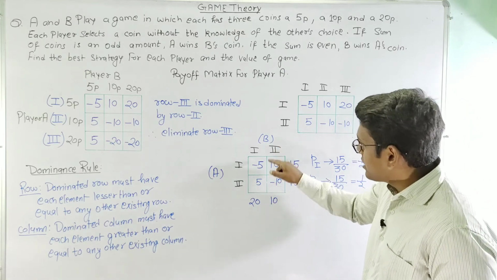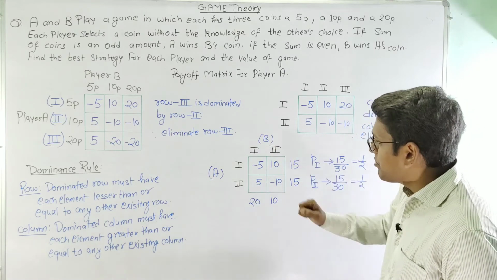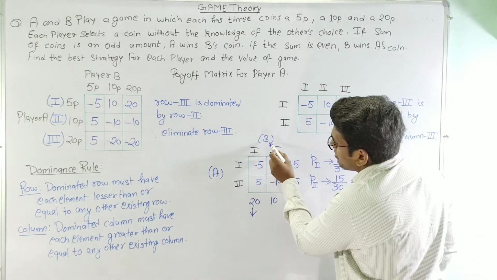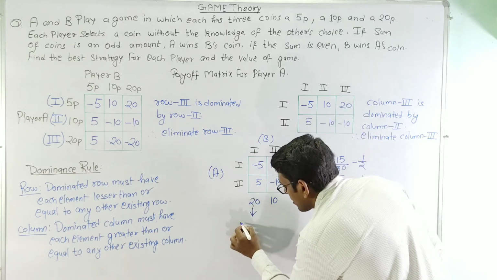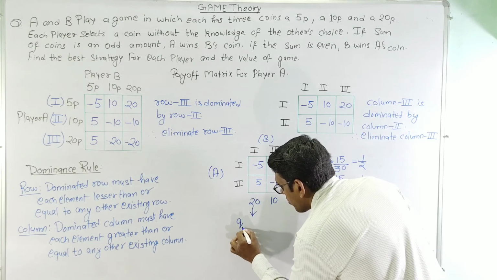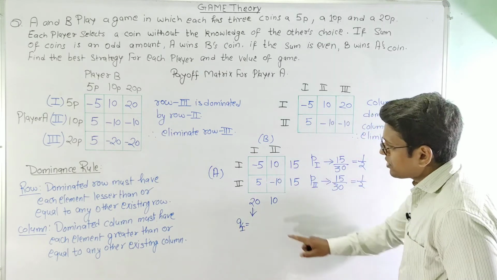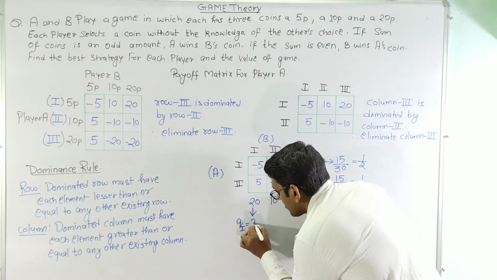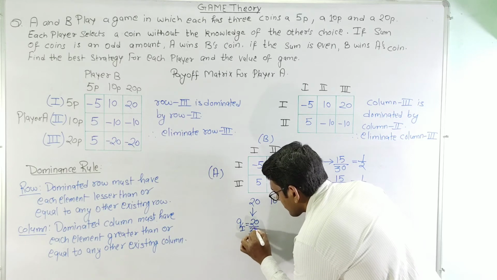Similarly, we will calculate the probabilities for player B also. So for player B, the probability of playing strategy 1, let this be Q1, is 20 divided by 20 plus 10. So 20 plus 10 is 30.